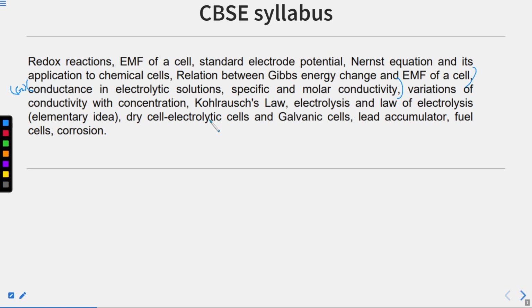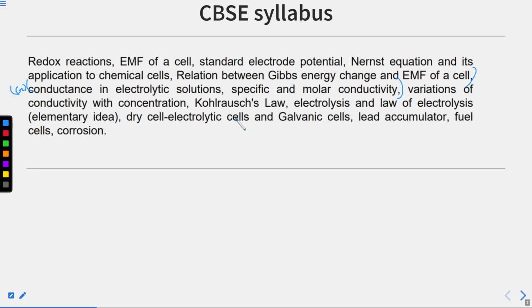The relation between the equivalent conductance and the specific conductance was lambda equals kappa into phi, where lambda is our equivalent conductance and kappa is our specific conductance, multiplied with phi. Phi is the volume which contains 1 gram equivalent of that electrolyte. So this was our equivalent conductance.